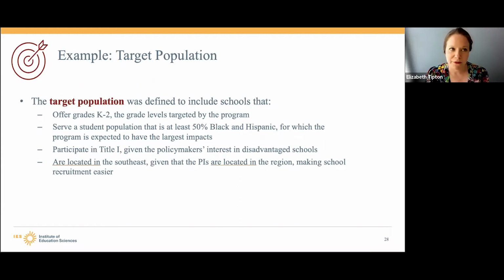Ideally, they would like to focus also on Title I schools, given policymakers' interest in disadvantaged schools. And this last criterion is focused on real constraints in their research, which is that the researchers are located in the Southeast, and so they think that they will have the best success and ability to recruit in this area.